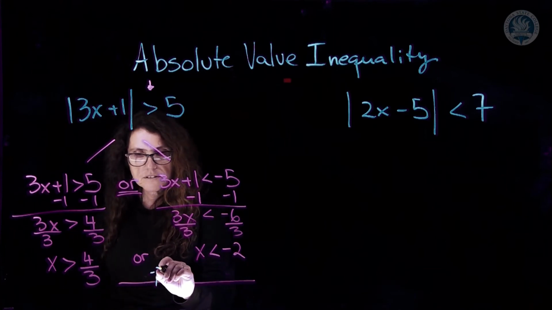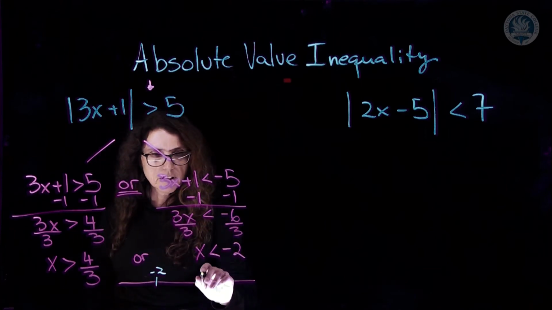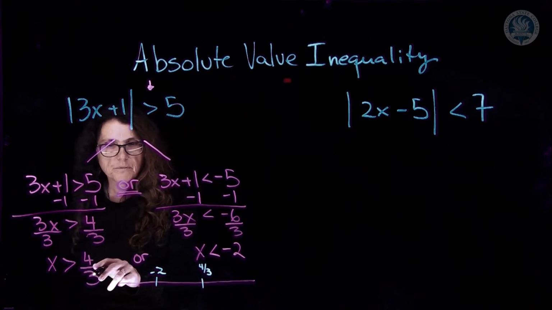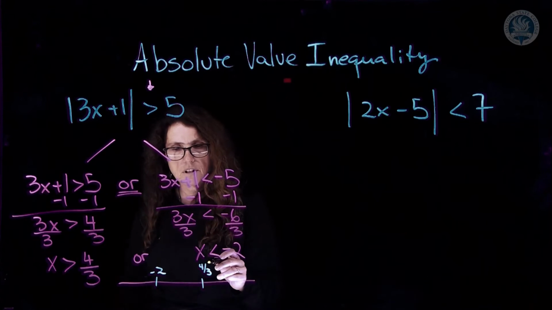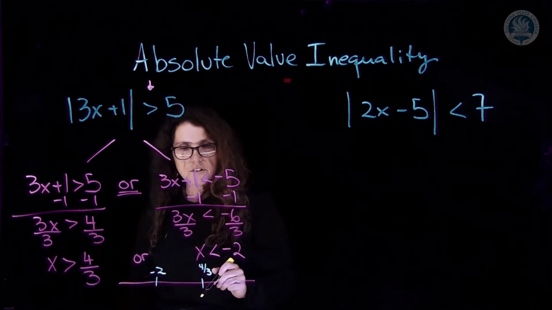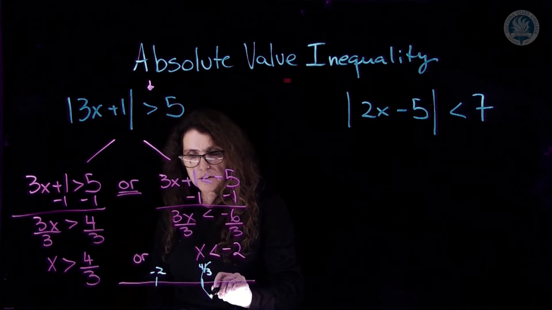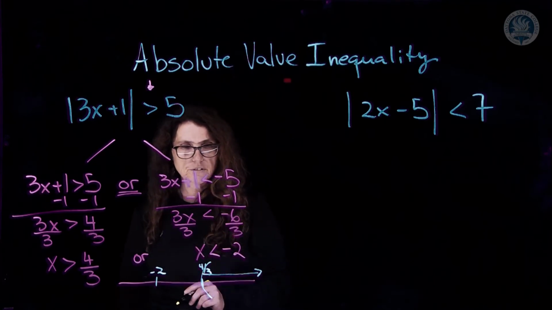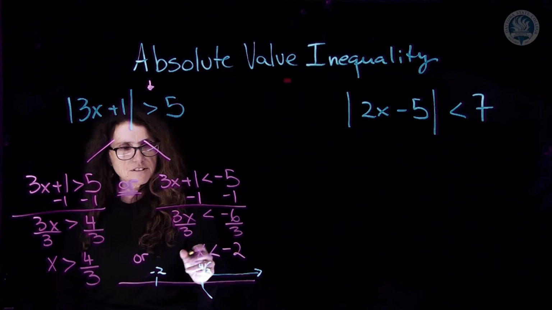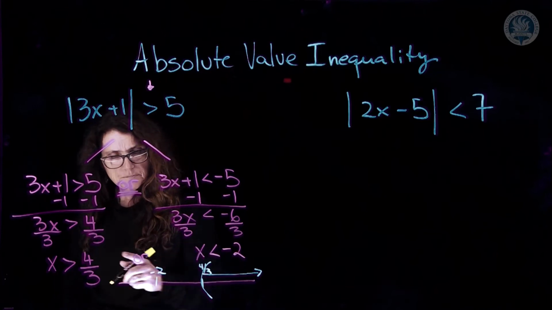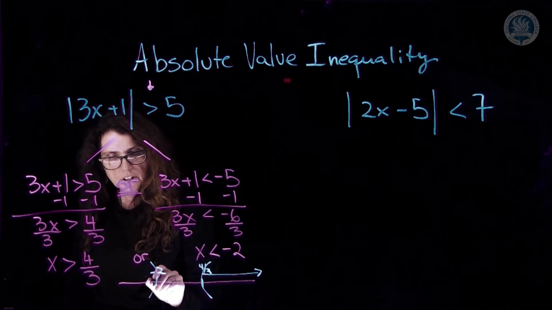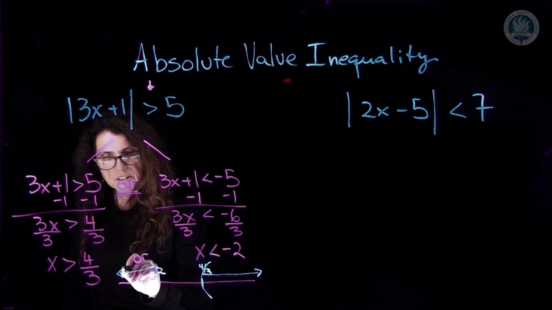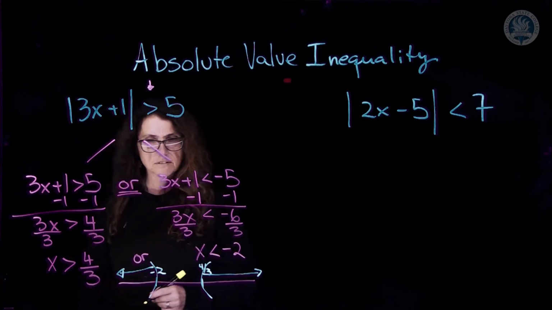Let's say over here is negative 2, and here we have 4/3. So x is greater than 4/3. 4/3 is not included, which means I need a parenthesis. My inequality points to the right, my arrow is going to the right. X is less than negative 2, pointing to the left, parenthesis, because we don't have an equal.